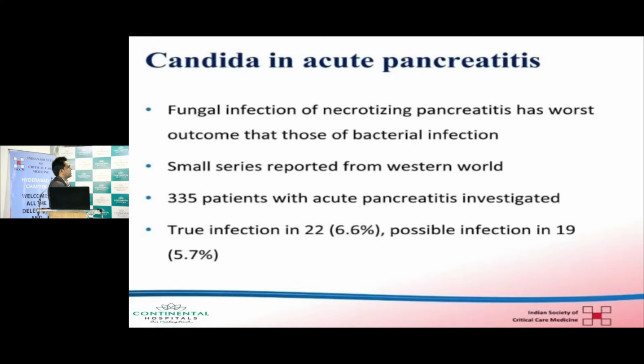Coming to Candida and acute peritonitis, fungal infection in necrotizing peritonitis has worse outcomes compared to bacterial infections. There is a small series from the Western world, 35 patients with peritonitis, where possible fungal infection was in 7% of the patients.